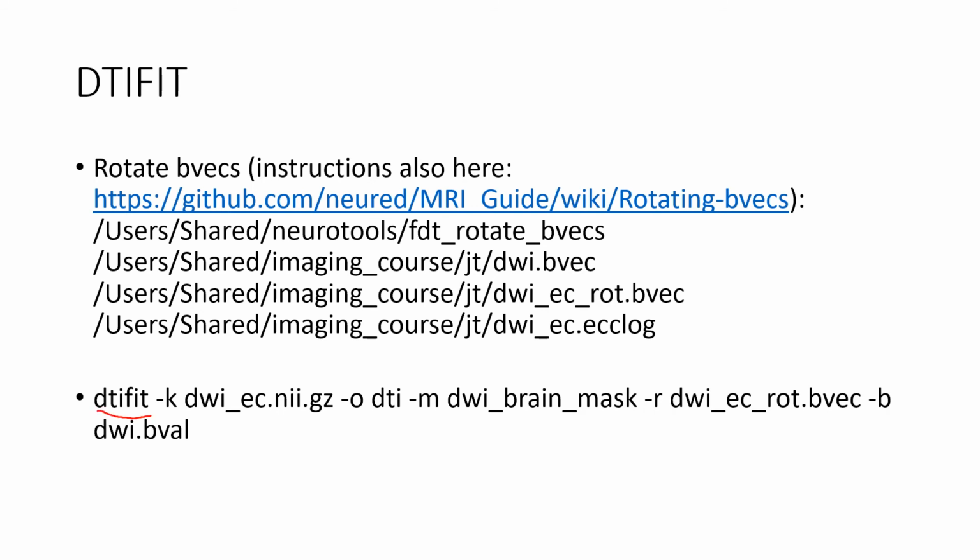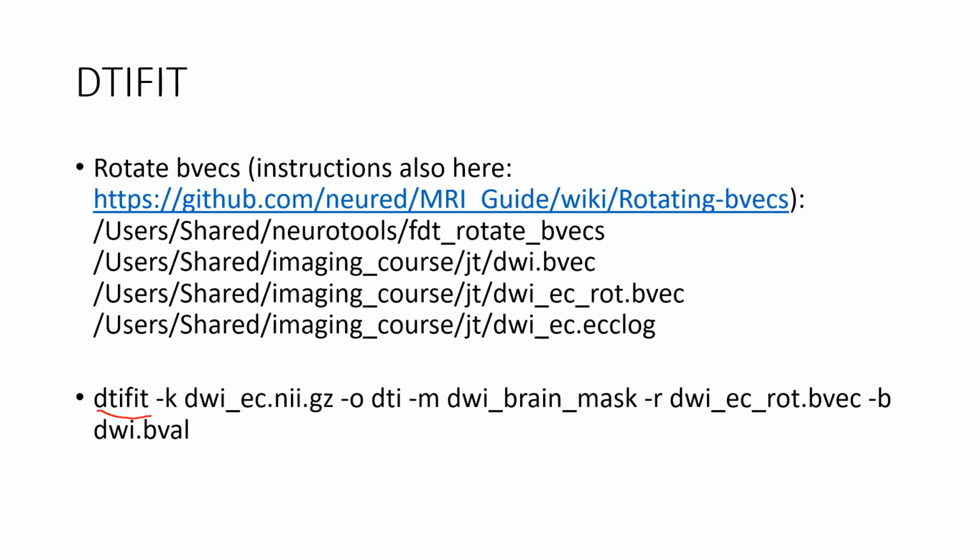The instructions are down here, the command that we'll run. But we would rotate our BVECs first. So here's the script. I run that, give the input B vector, give an output. In this case, I'm calling it DWI underscore EC underscore rot, for rotated.